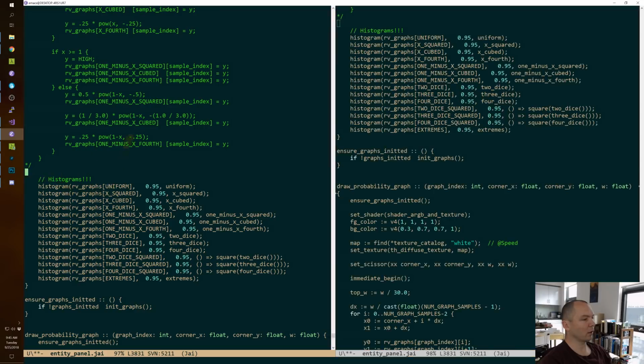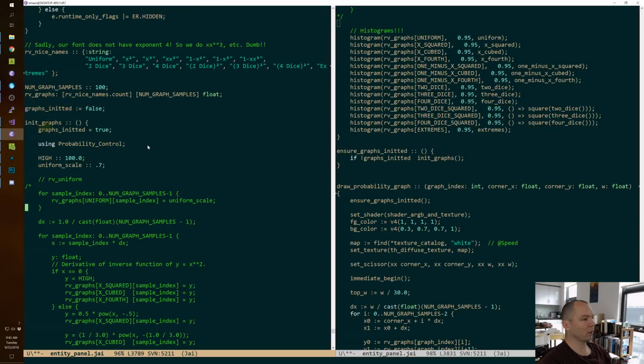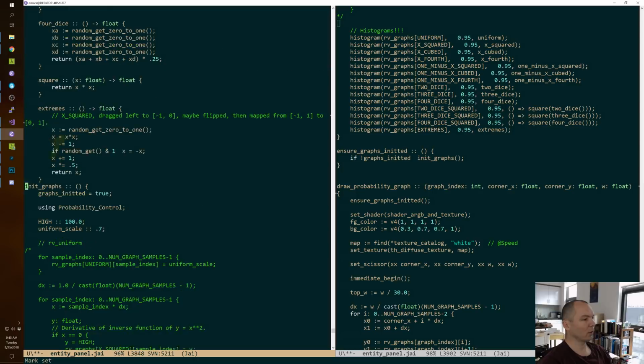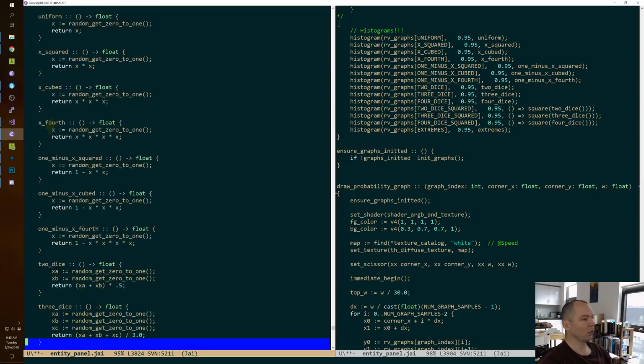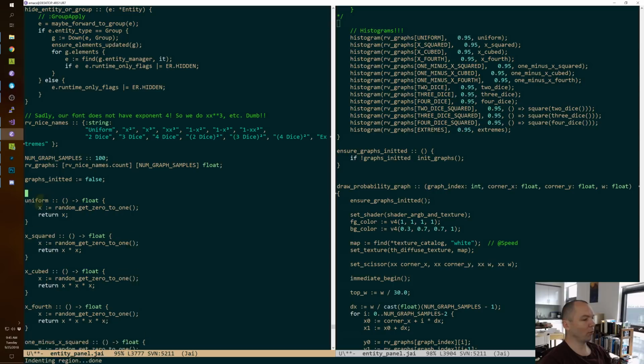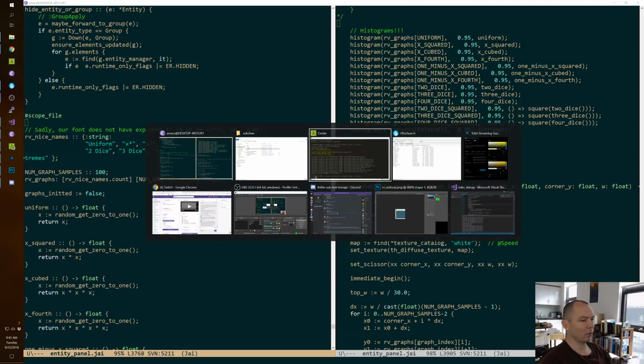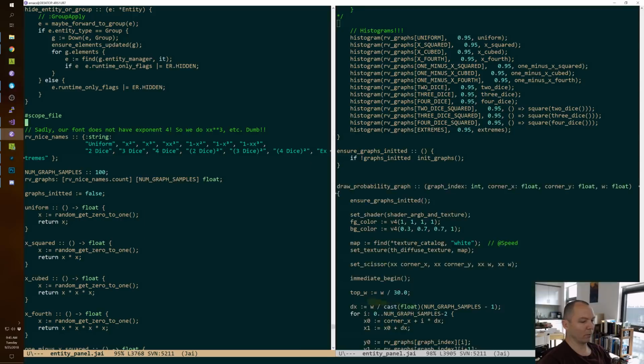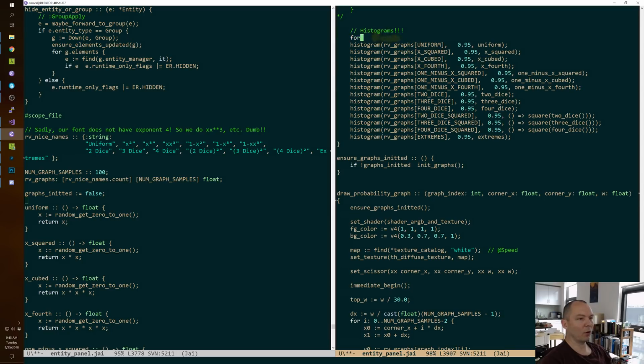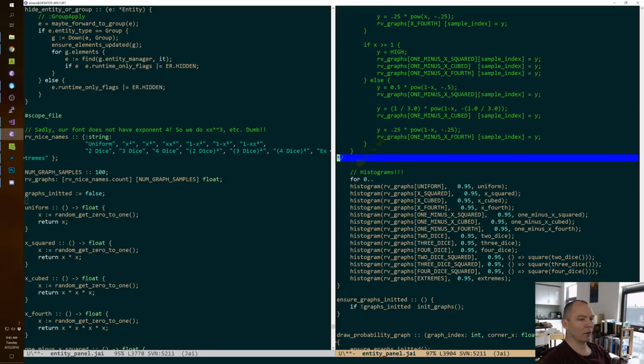I sure hope this is file scoped, because here's a mess of stuff. Will that compile file scoped? Yeah. Okay, so instead of doing this big series of things, let's delete all this code.